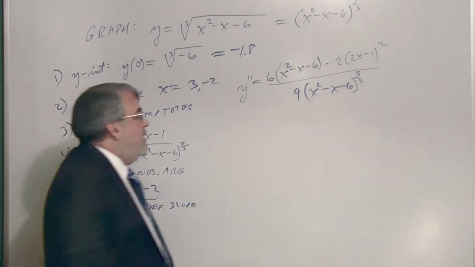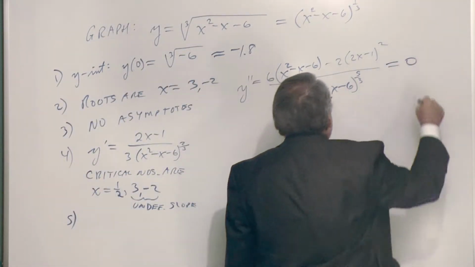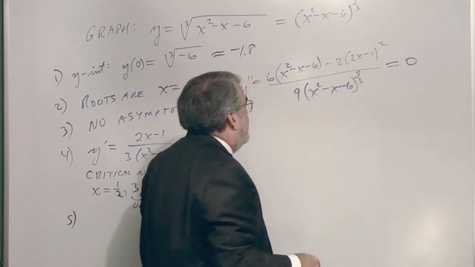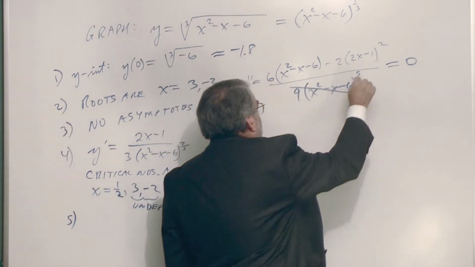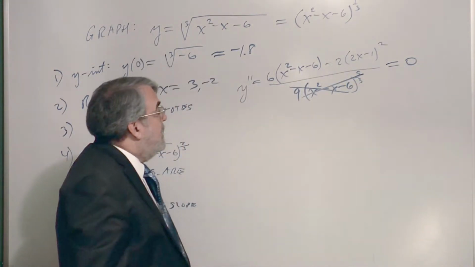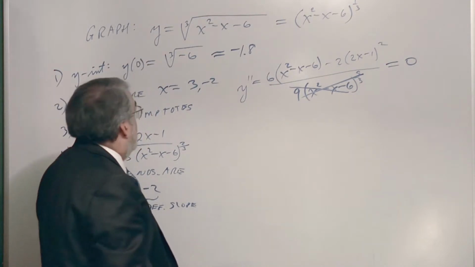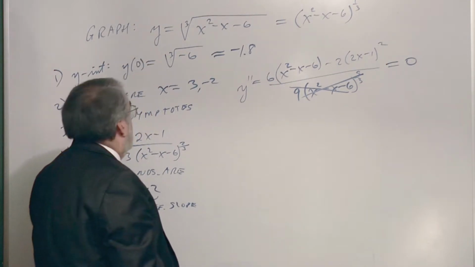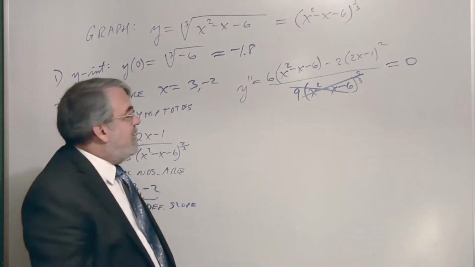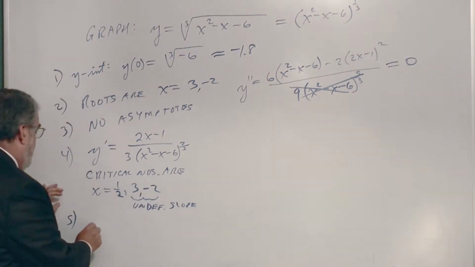So if I don't worry about this, I just set it equal to 0. And if I'm not worried about this being 0, then I can just cancel it in solving the equation, that is, set equal to 0. And, oh boy, you know what? Before I do some erasing, I better write that second derivative.